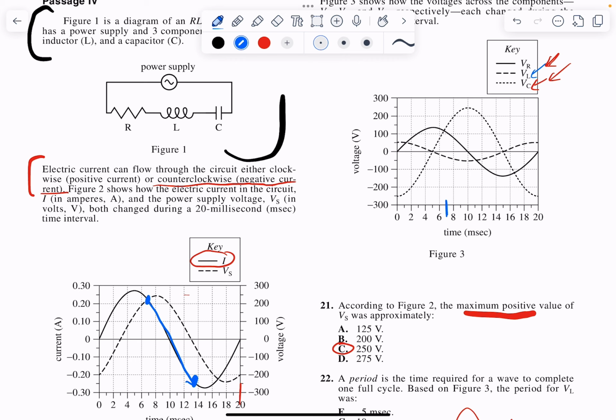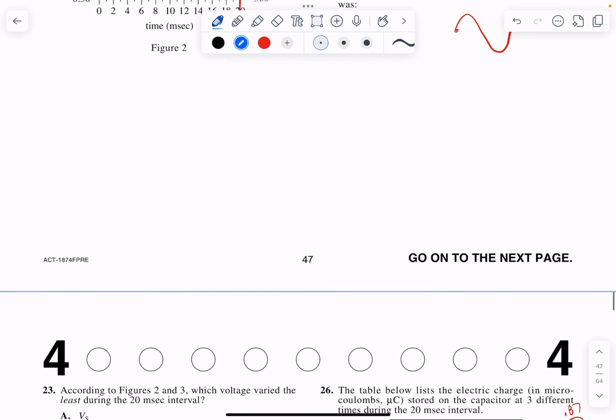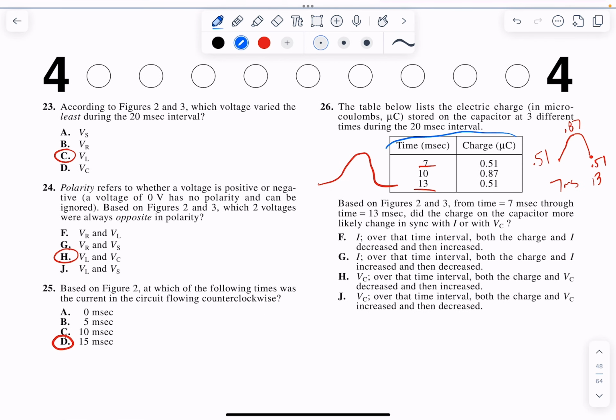So between time 7, it's about right there, and time 13, we can see, there we go. So that matches up with what we saw with this little chart right here, that it goes up and then back down. So it's going to match V sub C, so it's one of these two, and it's going to be J, because over that time interval, both the charge and the V sub C increased and then decreased.